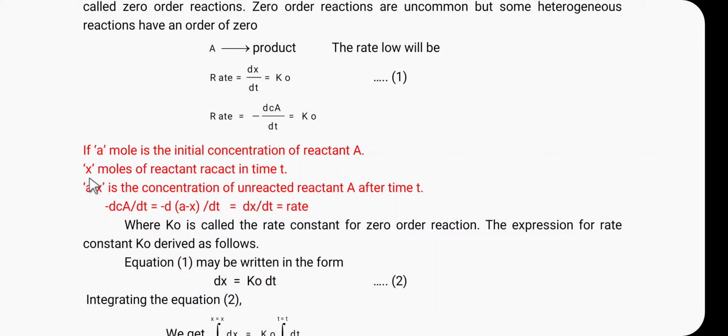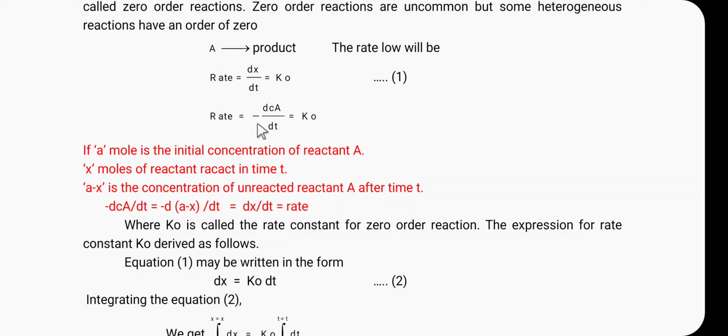The second term is x. x moles of the reactant react in time t. Suppose the reaction is carried out for 5 minutes; then x moles of the reactant A react in 5 minutes. The third term is a minus x. a minus x is the concentration of the unreacted reactant A after time t.